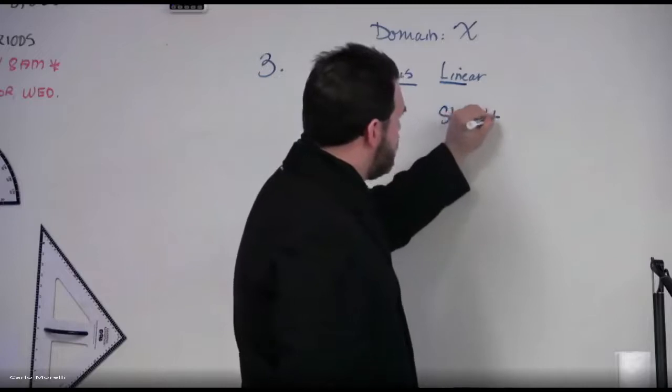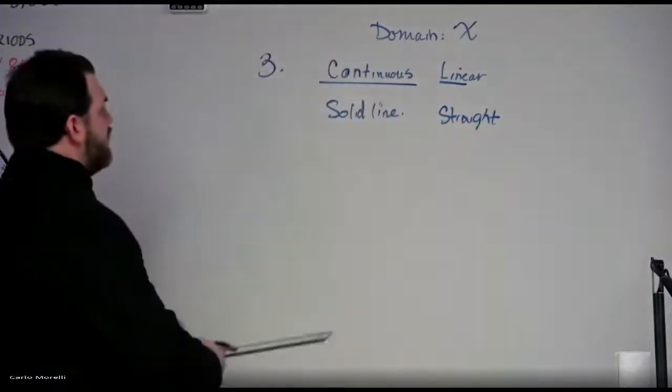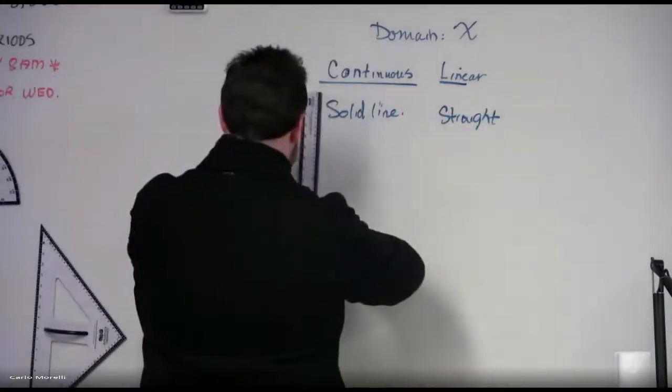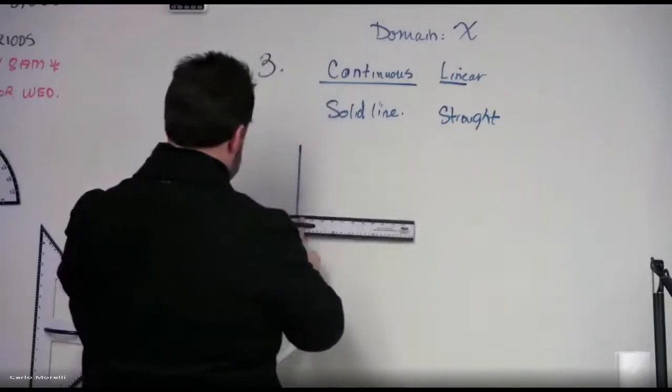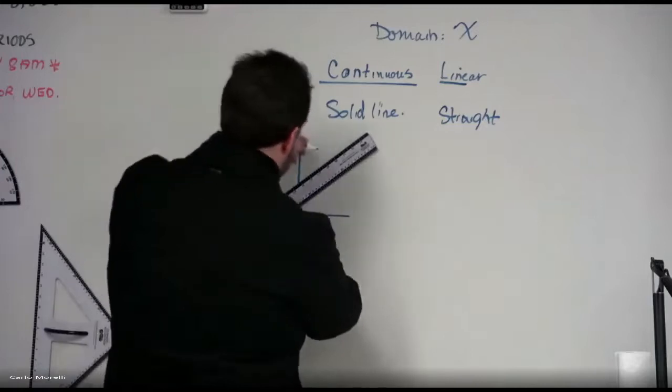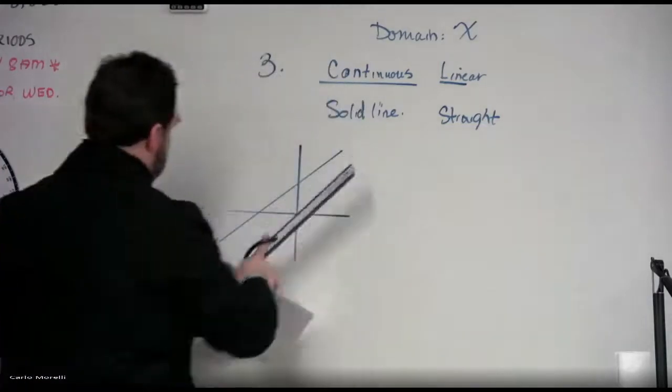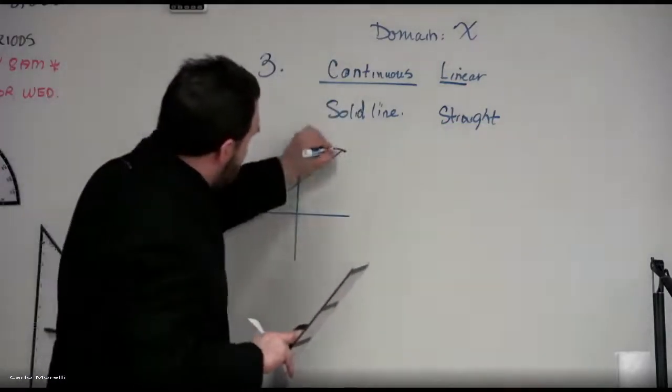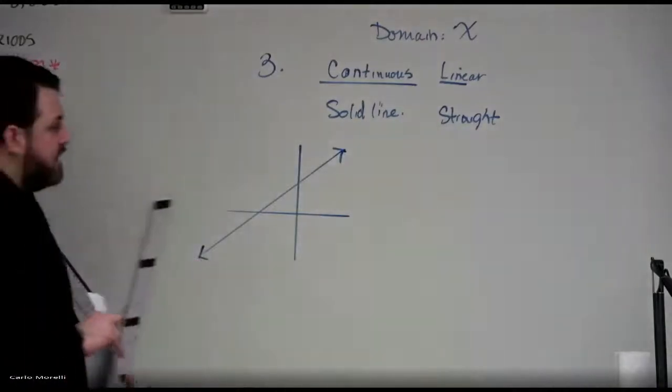So let me show some quick examples of what continuous curves look like. So here's a little simple graph. And here's a continuous line. Continuous linear function right here, plotted. Okay, here's another one.